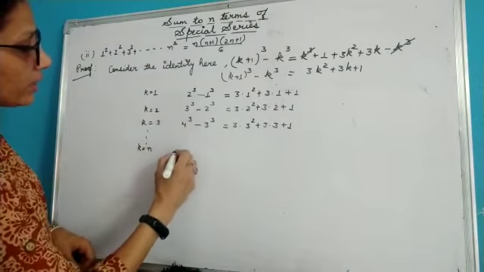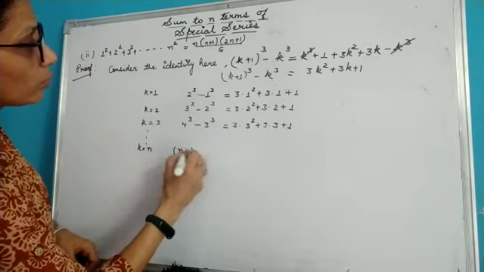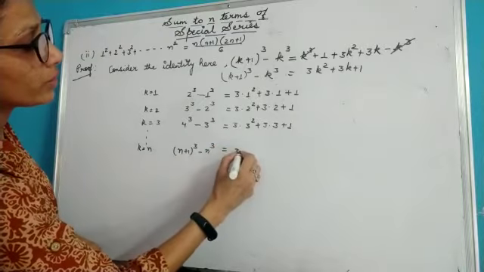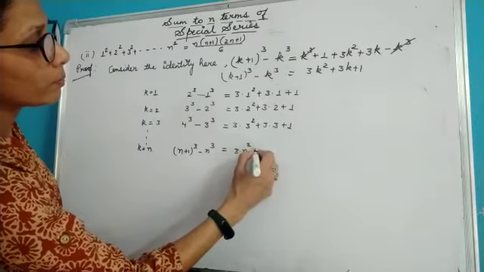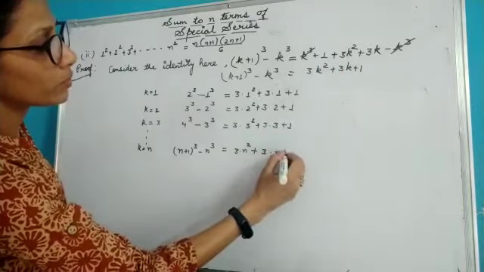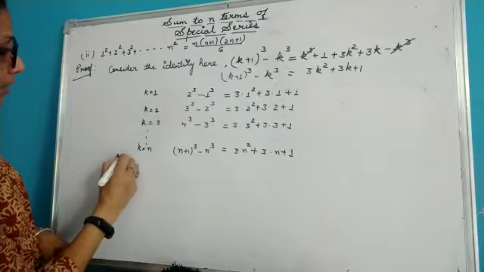So when I take k equal to n, it will be n plus 1 whole cube minus n cube will be equal to 3 into n square plus 3 into n plus 1. Now I'll add my left hand side and right hand side.